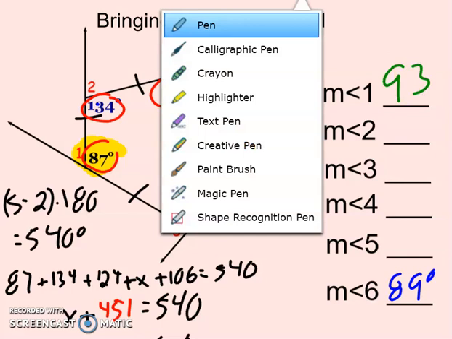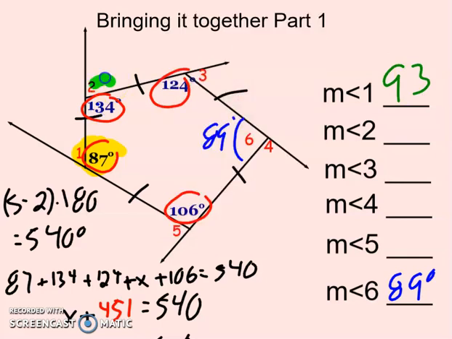Now we can do the same process for these angles over here, 134 and 2. Well, they form a straight line, so we do 180 minus 134, and we get 56. Nope, I lied, sorry, 46.